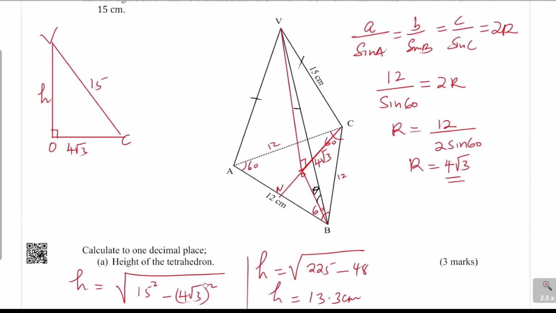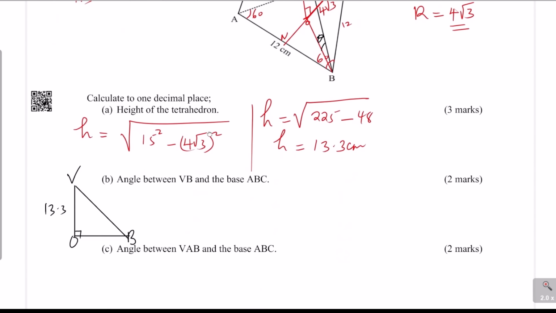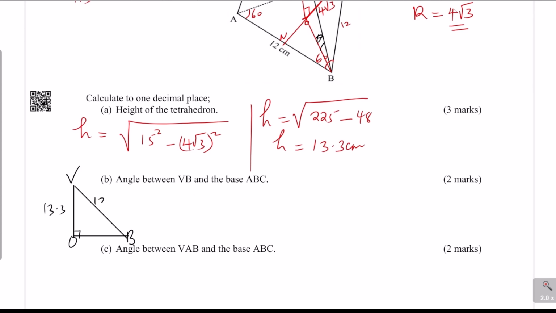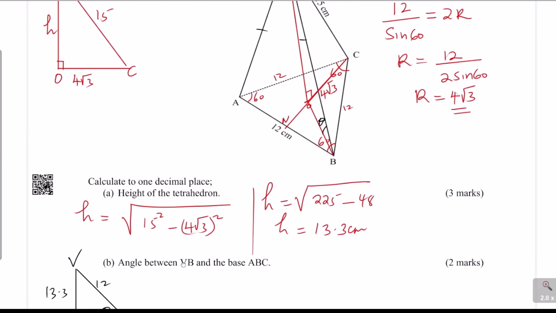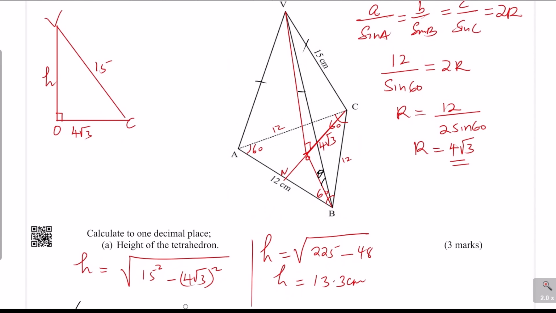Let's look at VB, the slant height is 12, so this will be 12. So we can get this required angle. You can check from the diagram there.